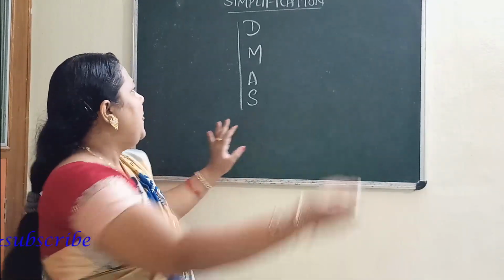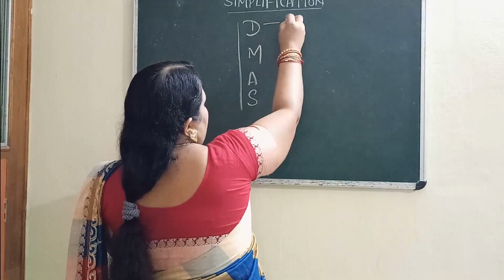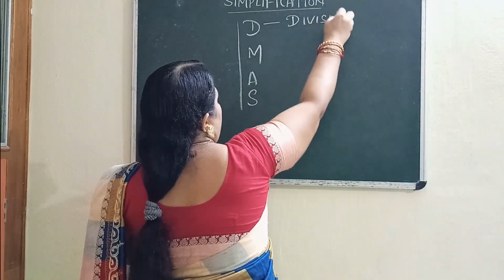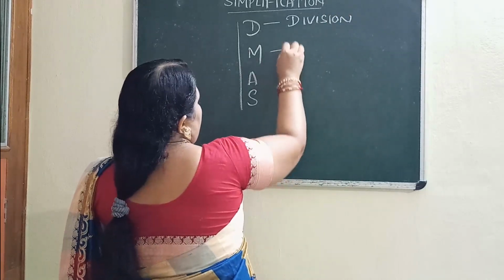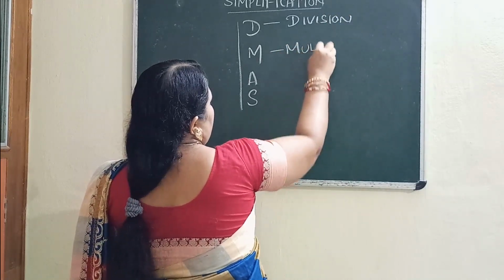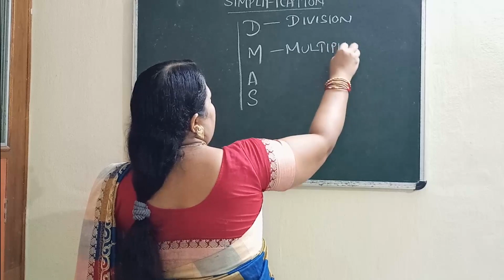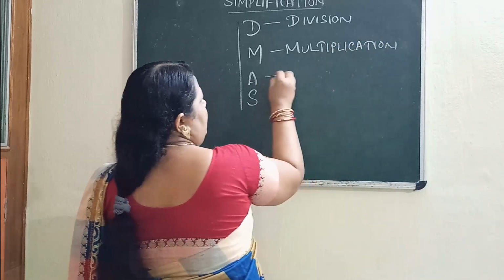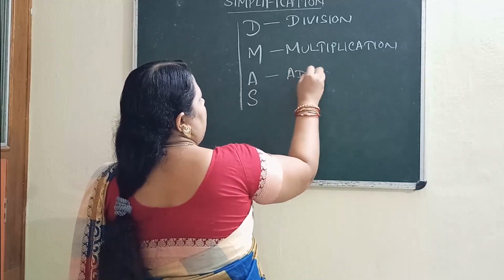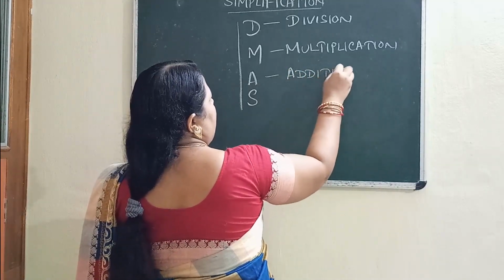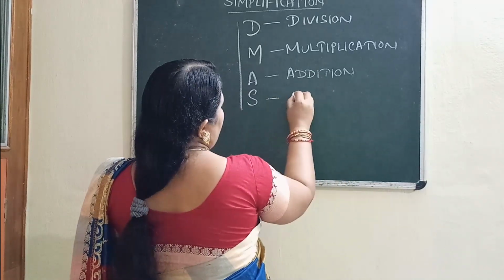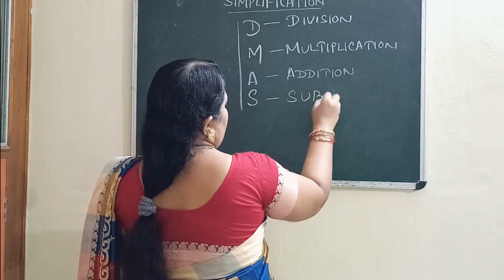What is this? Let me tell you first. D stands for division, M stands for multiplication, A stands for addition, and S stands for subtraction.